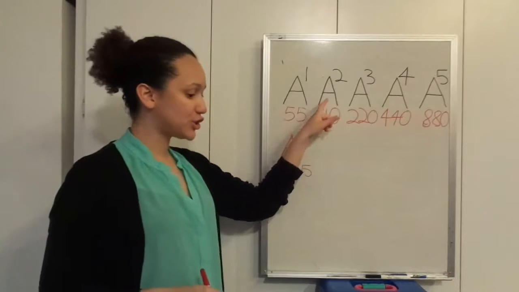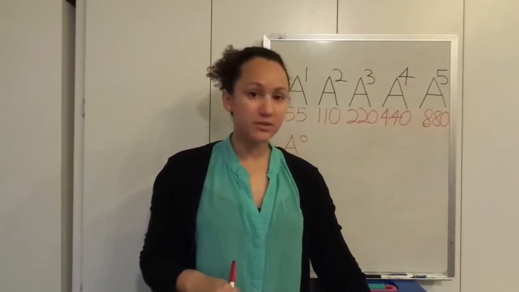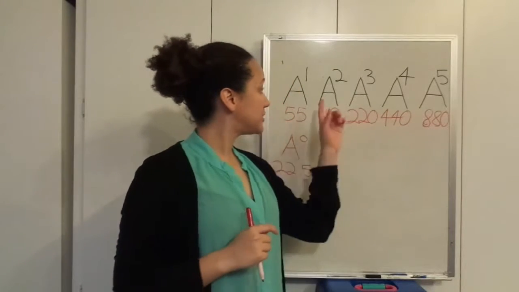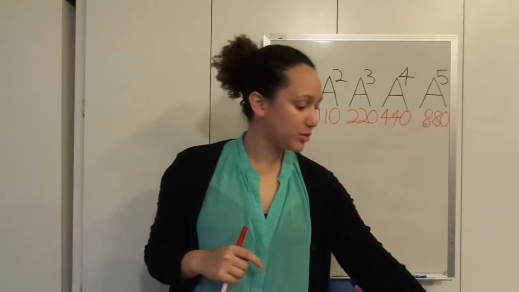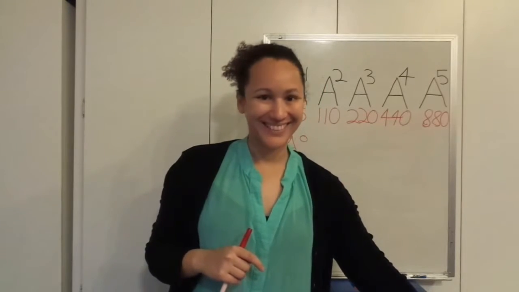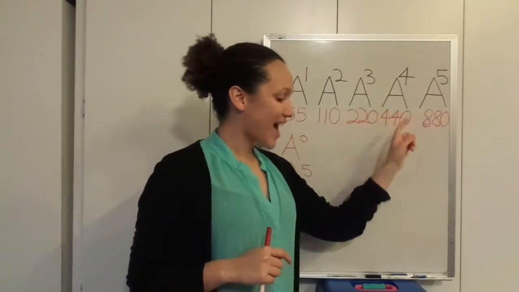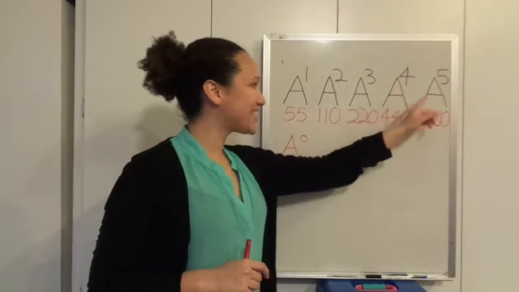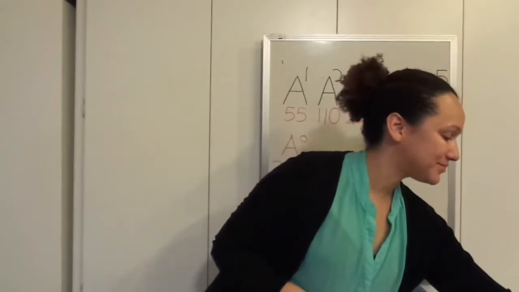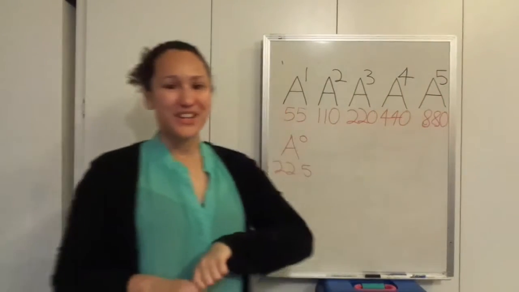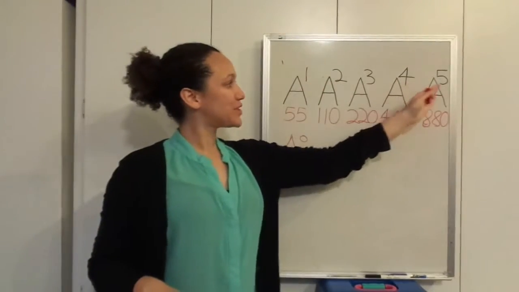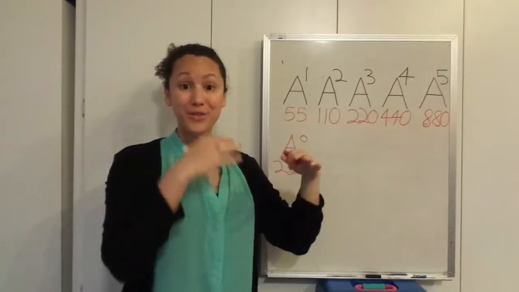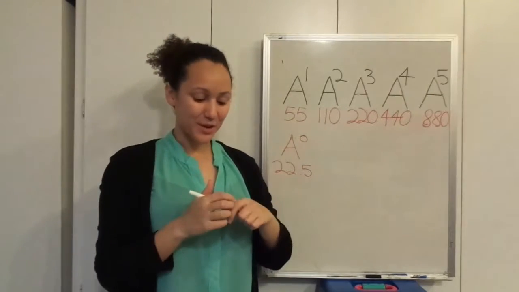I actually have A2 here. If you listen to it, that's A2. And you can hear higher would be A3. And higher than that, A4. And even higher than that would be A5. So the higher the number at the top goes, the higher the note sounds.